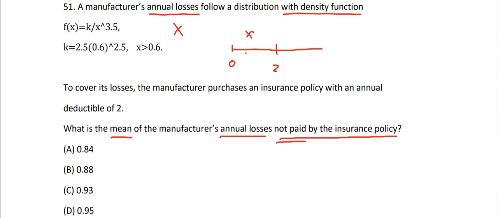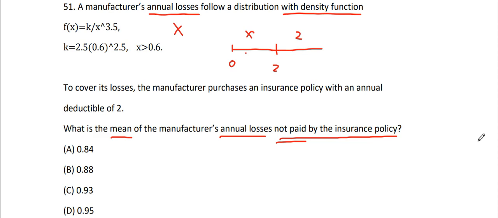And if x is larger than 2, you need to pay 2, and the company will pay x minus 2. So your payment is like this. Between 0 and 2, you pay all by yourself. If the loss is larger than 2, you pay 2, right? This is what you should pay, which the insurance company does not pay.